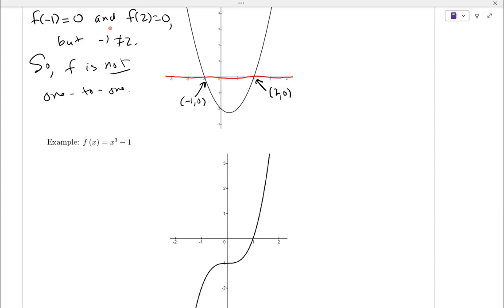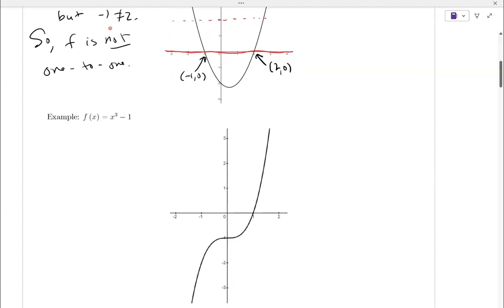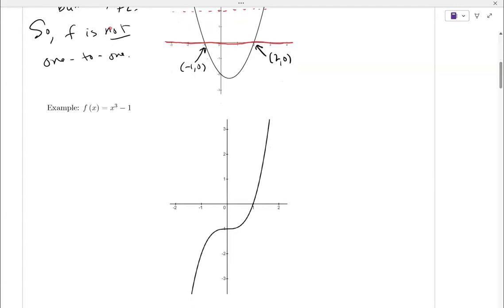Maybe I draw the line here at y equals 2. That tells me there's two different numbers that would give me 2 out, right? You see it? This down here would tell me there would be two different numbers that give me -1 out.